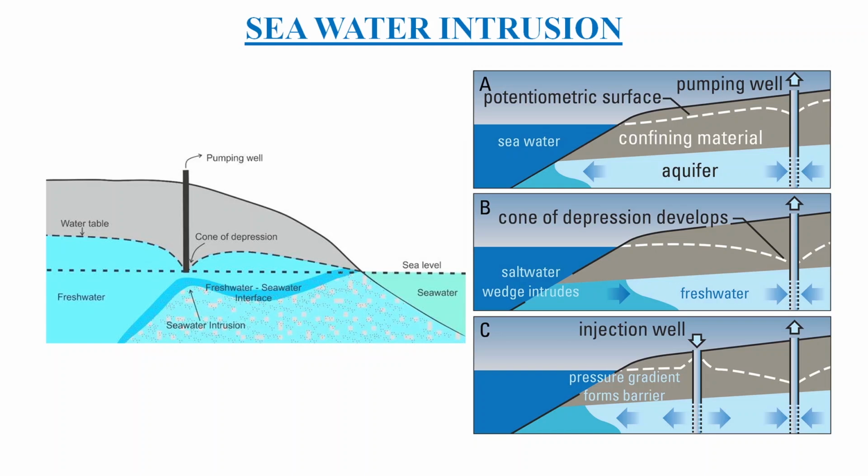So a time might come when a freshwater tube well becomes a saline water tube well. Whenever you are trying to get fresh water out of that tube well, you are getting nothing but saline water. That is the moment when you have to stop any kind of discharge from that well, because otherwise this seawater-freshwater interface will finally enter the well and it will continuously give you saline water.